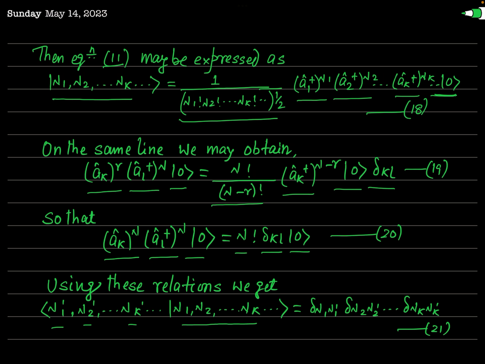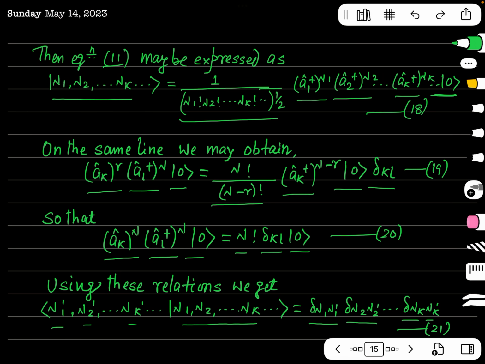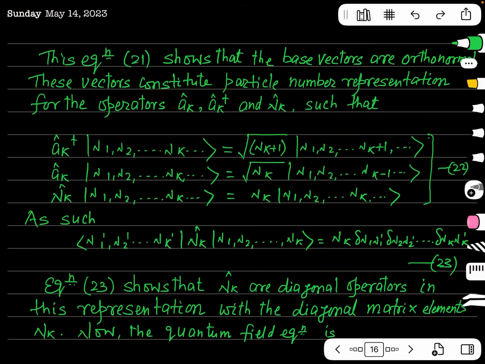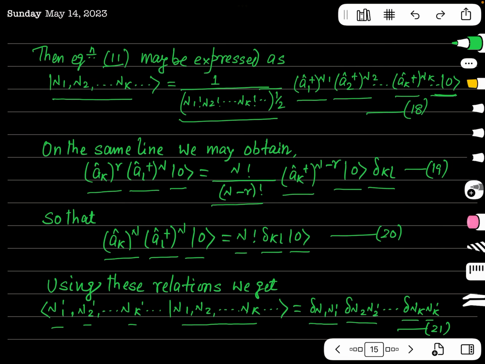Okay, and that will be equal to delta n1, n1 dashed, delta n2, n2 dashed, so on, delta nk, nk dashed. This can be written. Okay, and in this manner you can see that this equation shows that the base vectors are orthonormal. Actually, this is the condition of orthonormality.